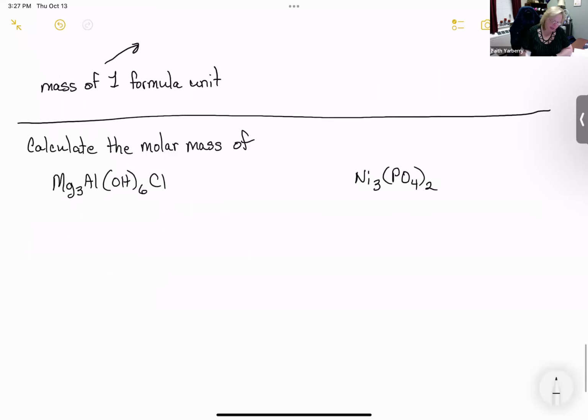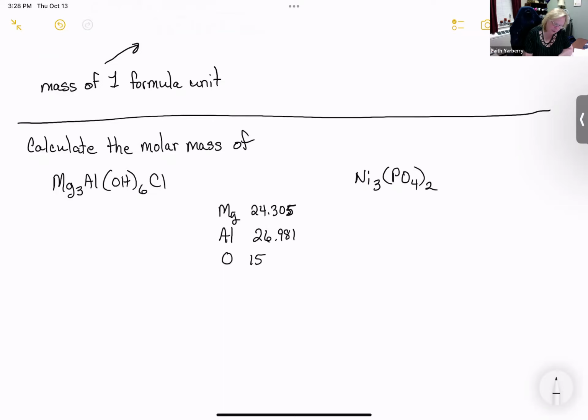To help you out, I will give you the information related to the atoms. Magnesium is 24.305. Aluminum is 26.981.